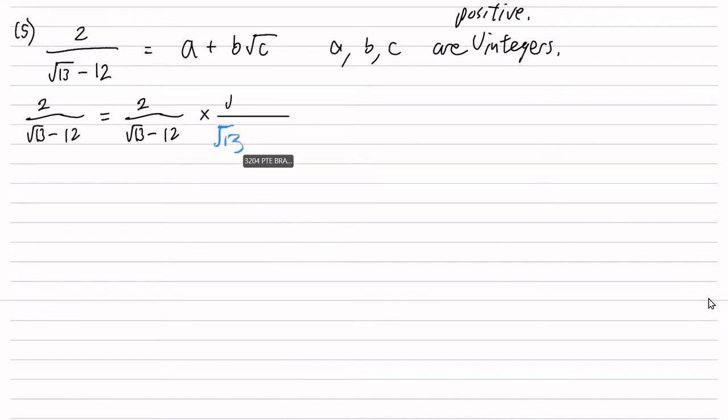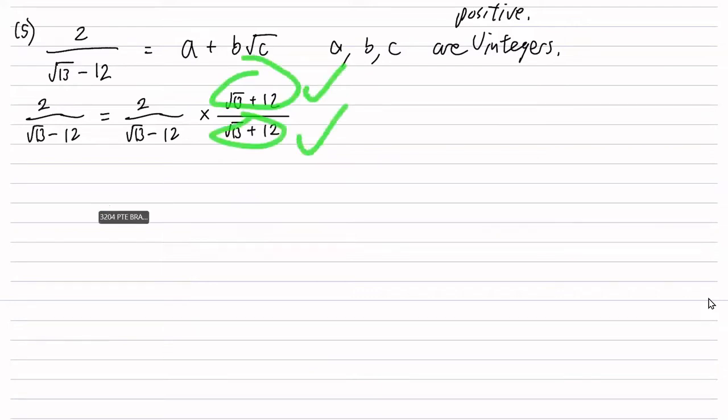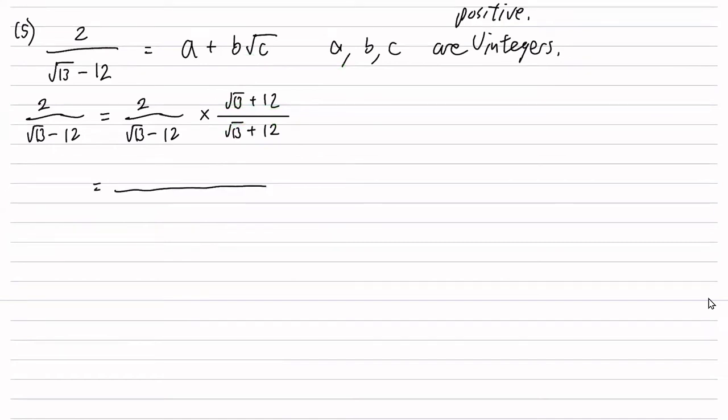Times square root 13 plus 12, top and bottom, right? Not just the bottom, not just the denominator. 13, then minus 12 square. 144.